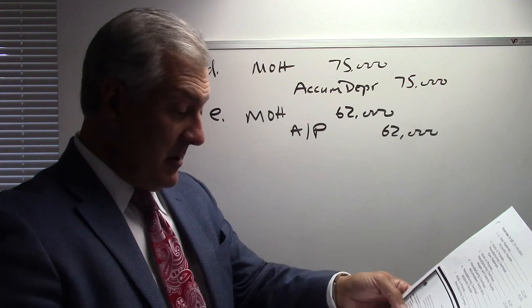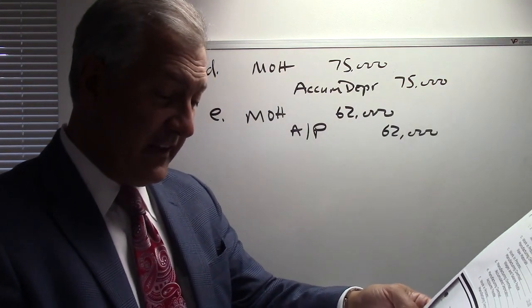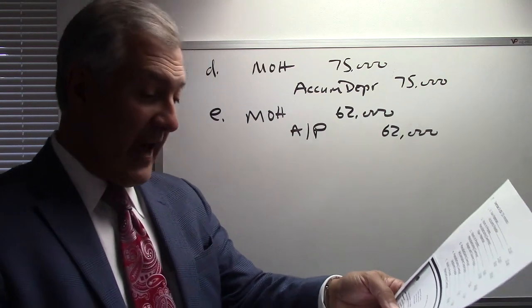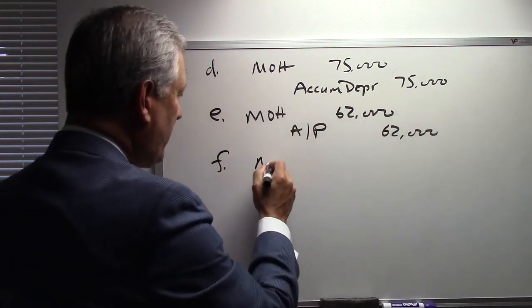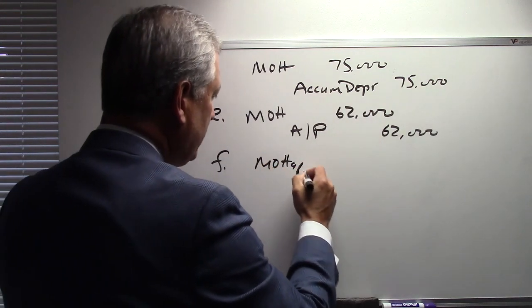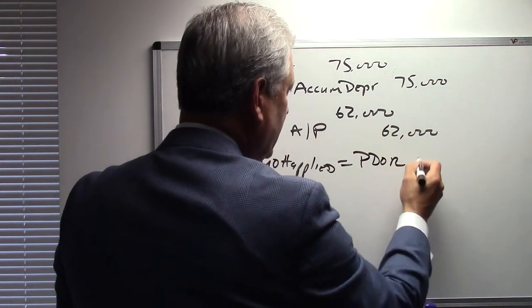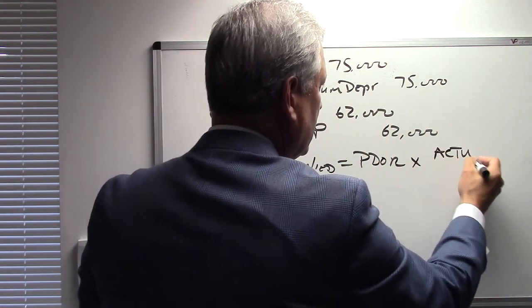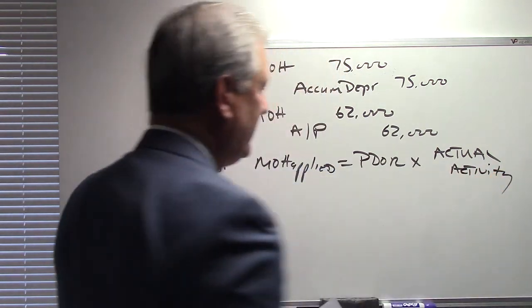Item F. Manufacturing overhead cost was applied to production on the basis of 15,000 machine hours actually worked. So let's remember, and we talked about this before, manufacturing overhead applied equals the predetermined overhead rate times actual activity.